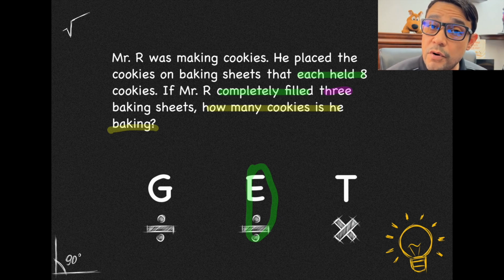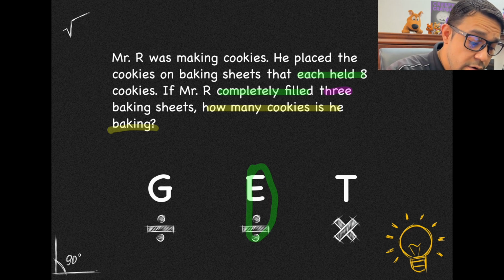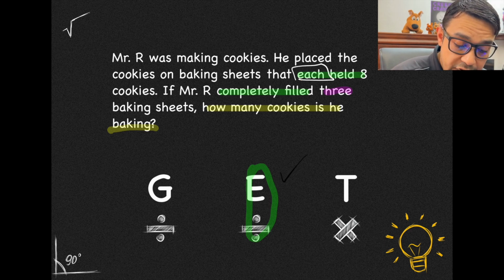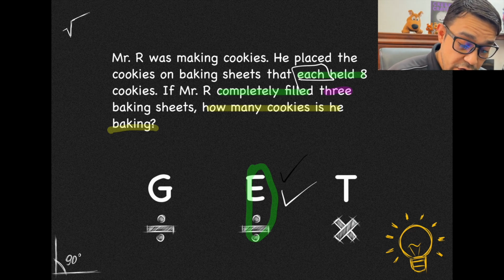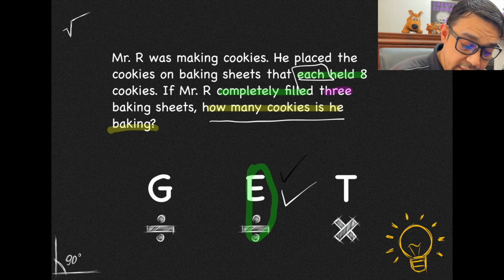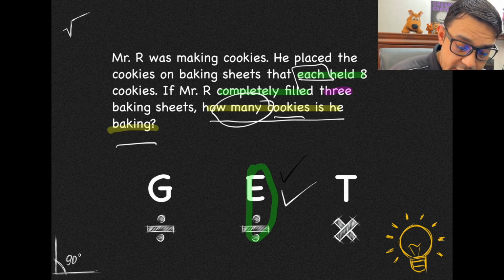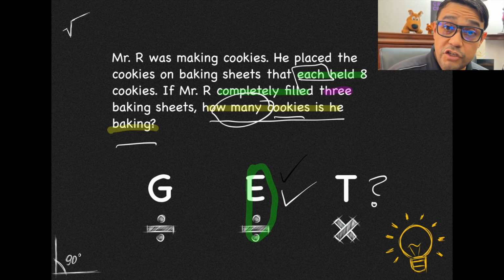Well, let's see what operation this is. First, let's look over at the bottom. Now, okay, so we have the word each. Over here, it is asking us how many cookies is he baking? It looks like this is our question. They're asking for a total amount of cookies.